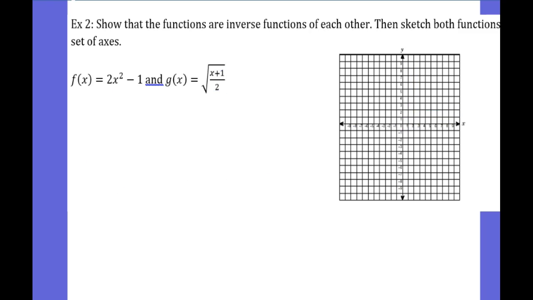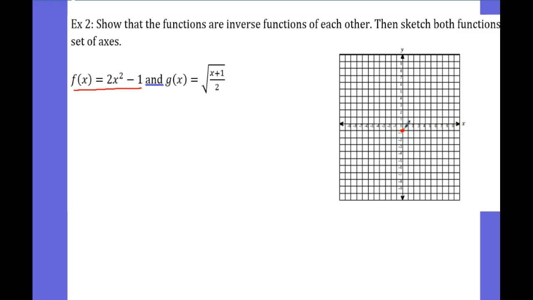Show that the functions are inverse functions of each other, then sketch both functions on the same coordinate plane. So let's look at f of x to start. We have f of x equals 2x squared minus 1. So what does the negative 1 tell you? Yeah, it starts at 0, negative 1 instead of 0, 0.